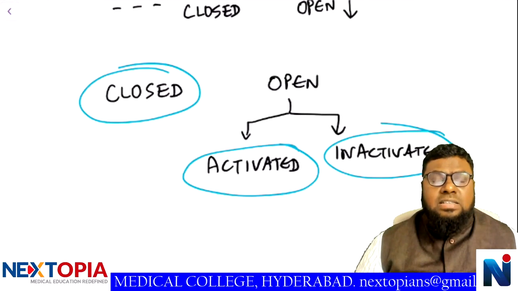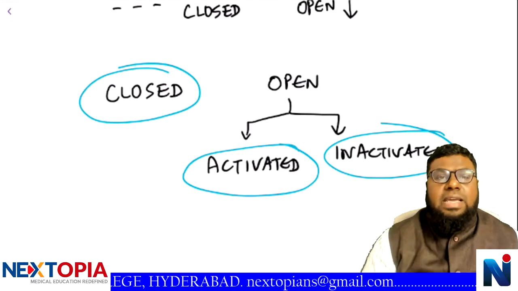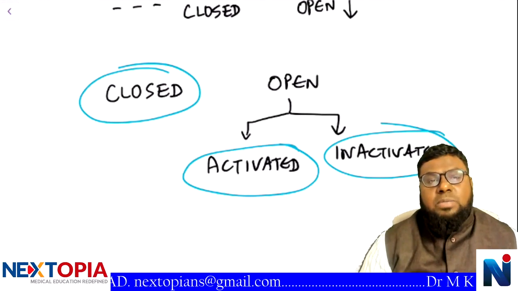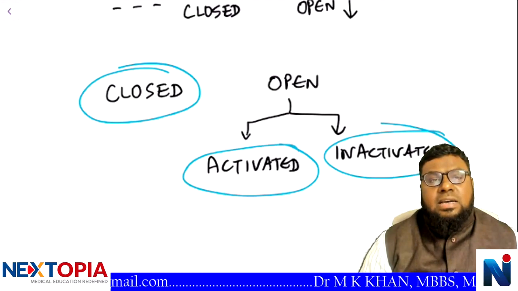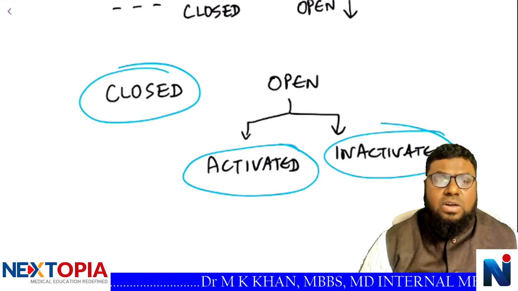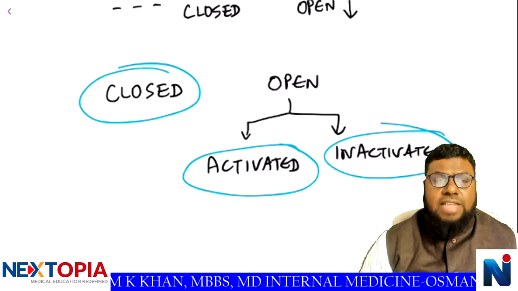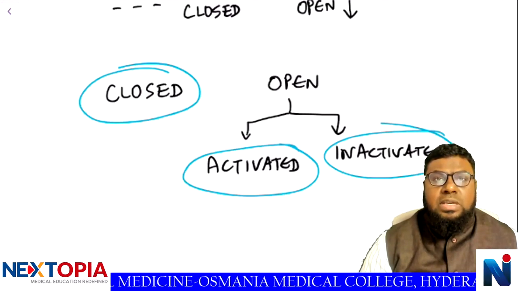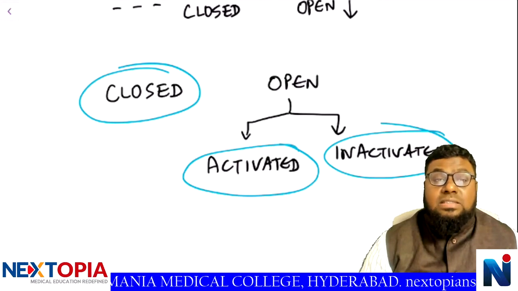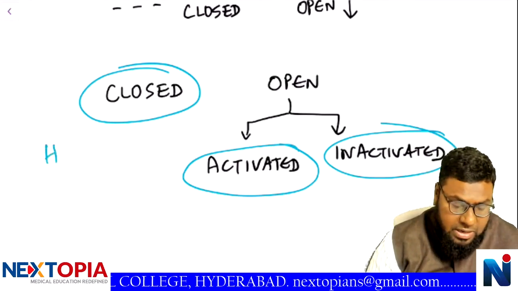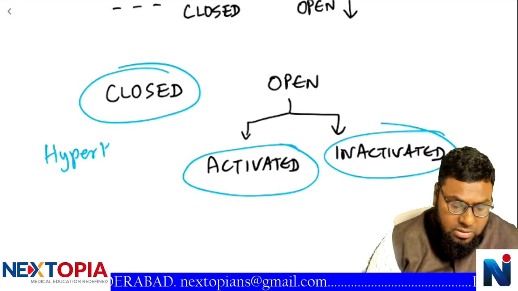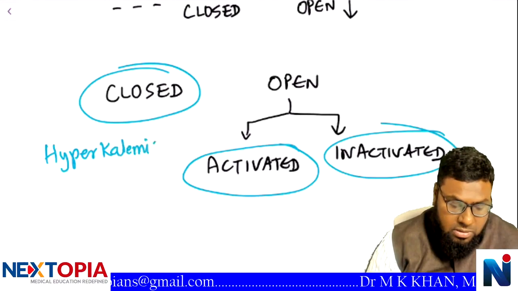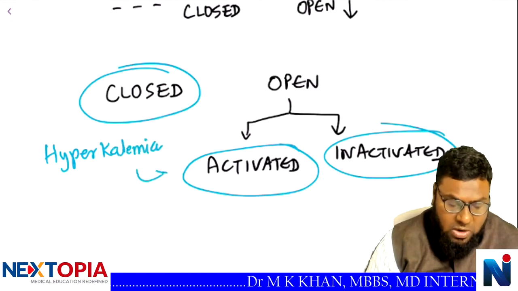Please remember that in conditions like hyperkalemia, there is increased depolarization. It causes depolarization of the fast channels, and hyperkalemia keeps the cell depolarized always. Because of hyperkalemia, the channels are open always.